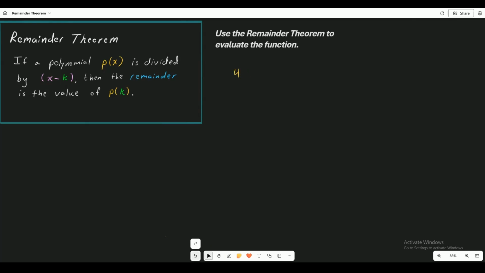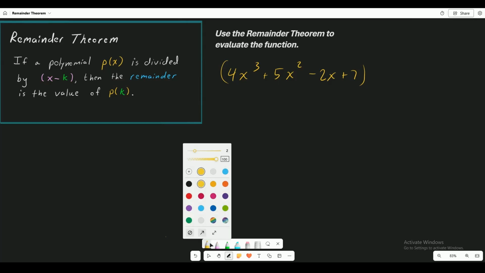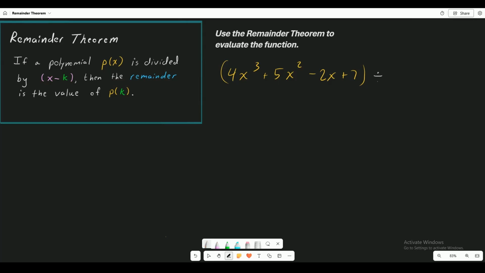Let me write bigger. 4x cubed plus 5x squared minus 2x plus 7 divided by x plus 2.